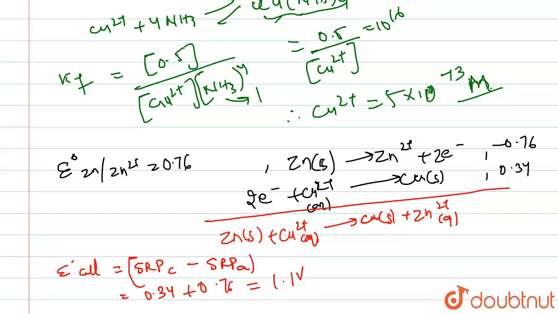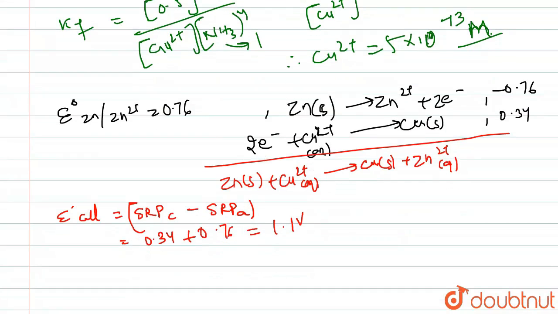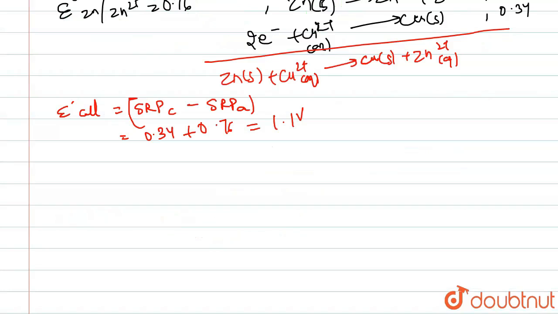In the question we are asked the value of E cell, so for that we will write the Nernst equation. E cell equals E naught cell minus 0.06 upon 2, where 2 is our value of n.